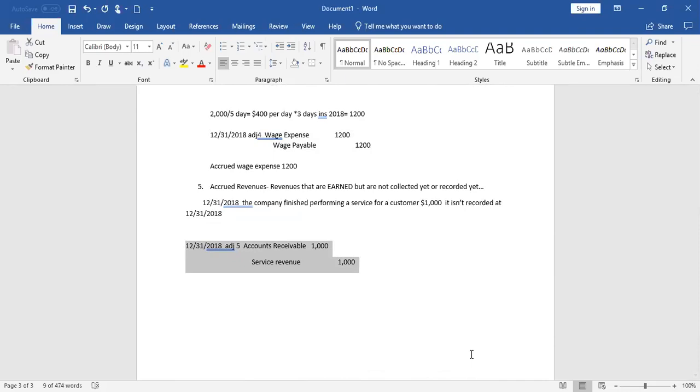So now we make these adjusting journal entries to get those missing expenses and revenues recorded. The next step is what we've been doing all along. Post each adjusting journal entry to the general ledger T accounts affected.